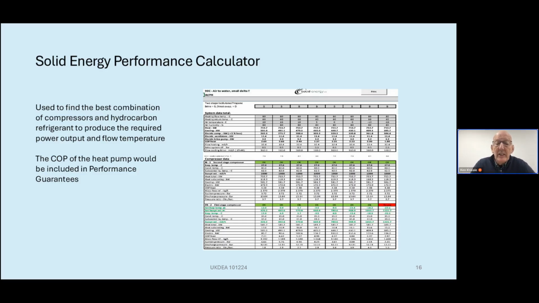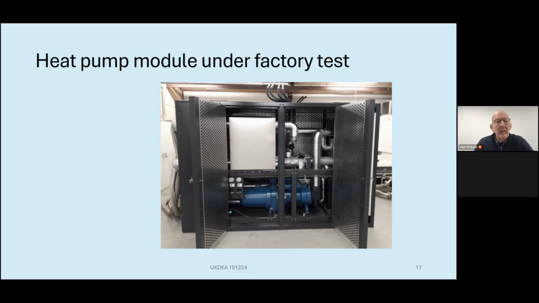To be able to select the right combination of compressor size and refrigerants, we've got our performance calculator. We can declare the COP, and we're very happy now to make sure that they go into performance guarantees. That's a unit under test in the factory.